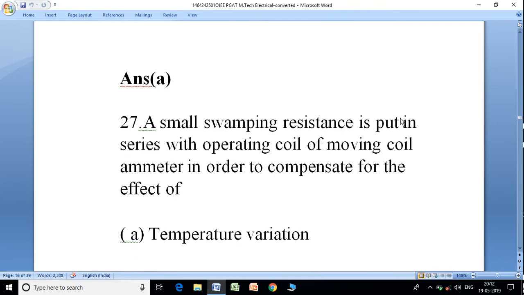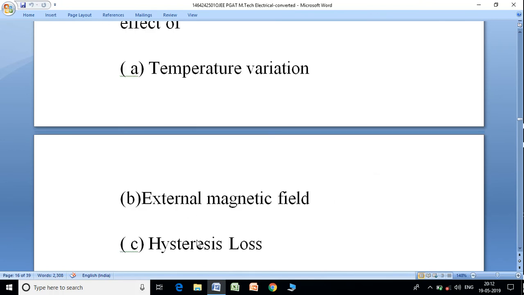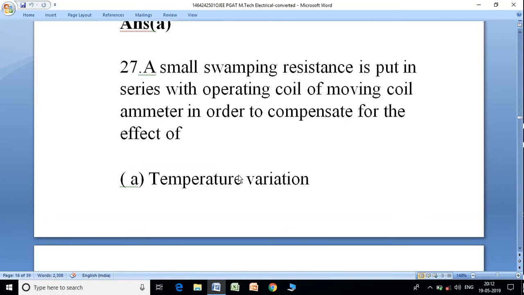A small swamping resistance put in series with the operating coil of a moving coil instrument is in order to compensate for the effect of temperature variation, external magnetic field, hysteresis loss, or none of the above. So the correct answer is temperature variation.